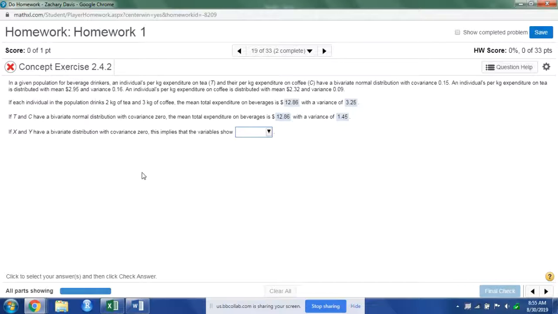Okay, last question says if x and y have a bivariate distribution with covariance equaling 0, this implies that the variables show independence, because covariance is asking about how these variables move together, but if they have a covariance of 0, then they're completely independent, and that covers that.